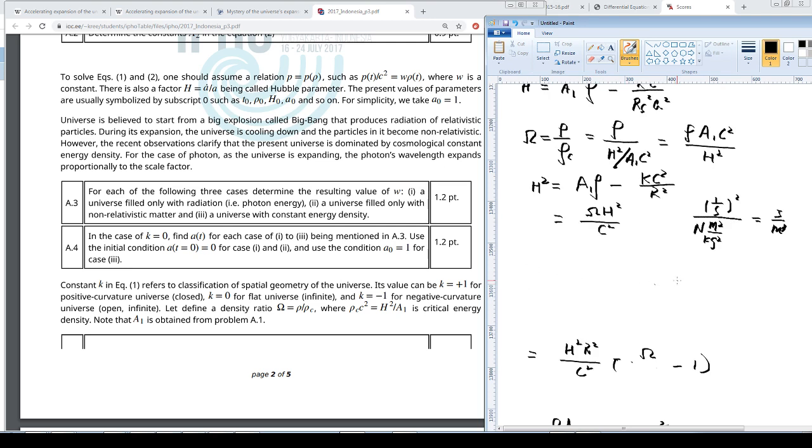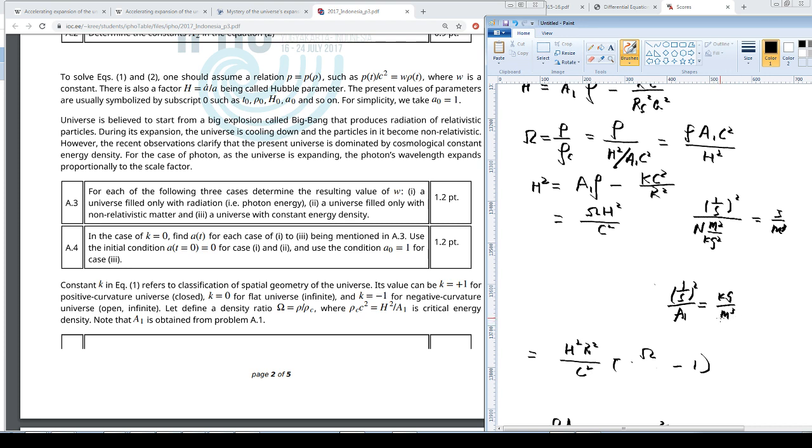So rho c is still 1 per second squared. Because if you do this over A1, that is the same as kg per meter cubed.